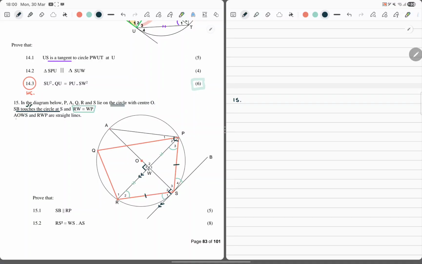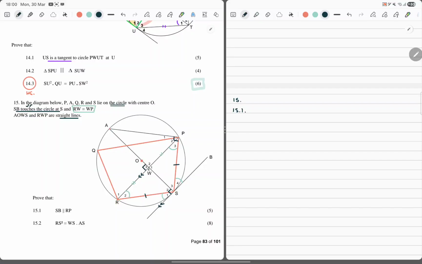Now we are also told that AOWS is a straight line. Okay, we perhaps needed to hear that before I concluded that AOWS is going to be the diameter. Now 15.1 says we need to prove that SB is parallel to RP. We just did. Now how are we going to use it?